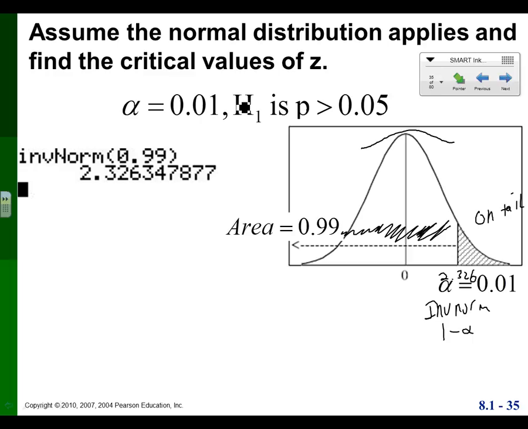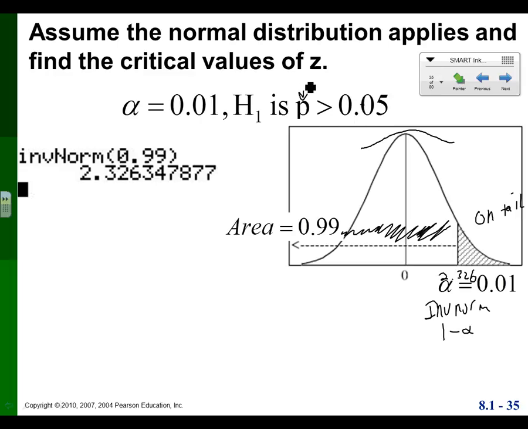Do you know what this symbol stands for, H sub 1? That's the alternative hypothesis. You know what this symbol stands for, P? Yep, it's our population proportion.